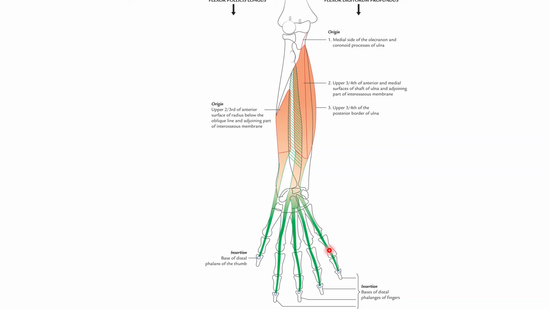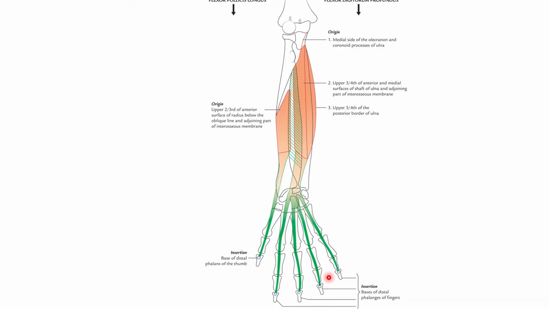Each tendon crosses the respective joint to ultimately reach the base of the distal phalanges of the medial 4 fingers. So this is about the muscle flexor digitorum profundus.